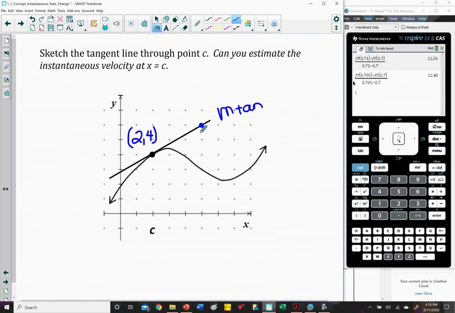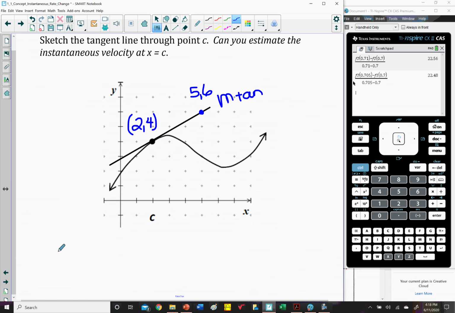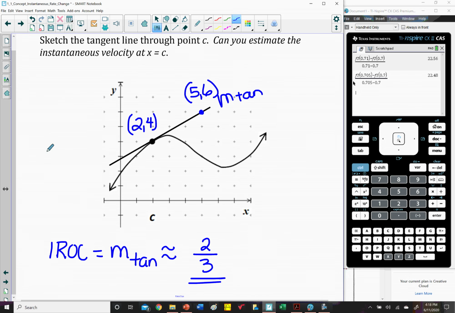But my tangent line also extends over here to (5, 6). So we could estimate our instantaneous rate of change as the slope of the tangent line, which is about, what is that, a 2 to 3, rise is 2, run is 3, is it about 2/3? So we've got an estimate for the instantaneous rate of change.